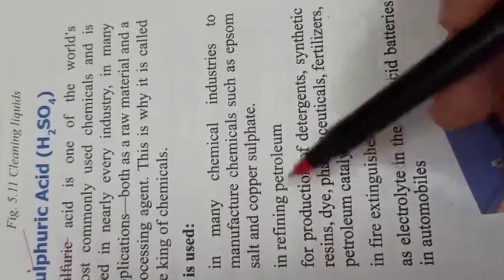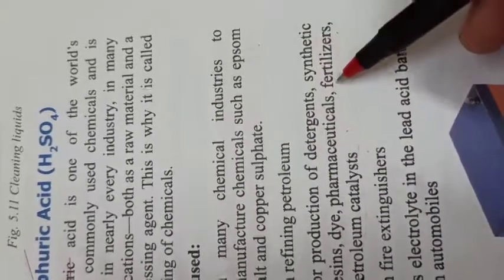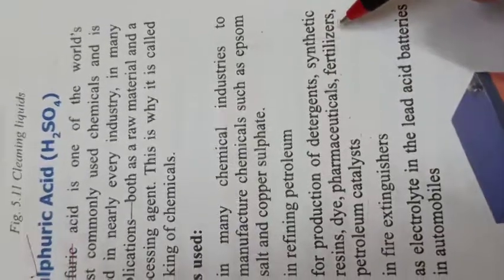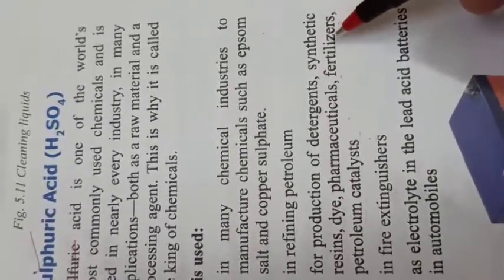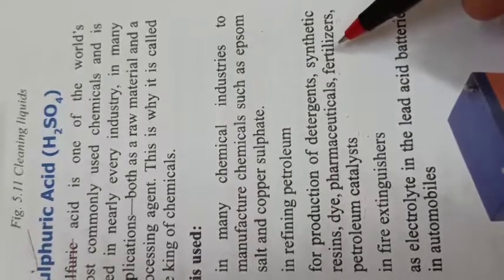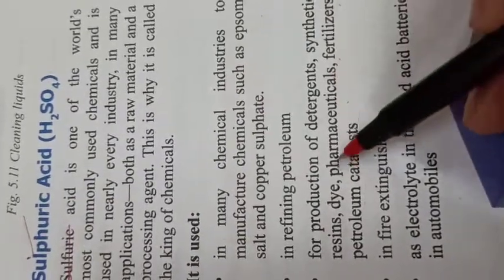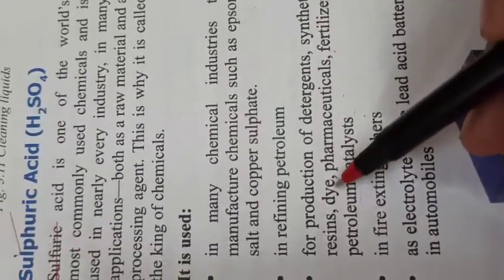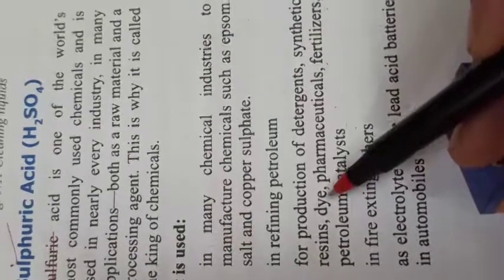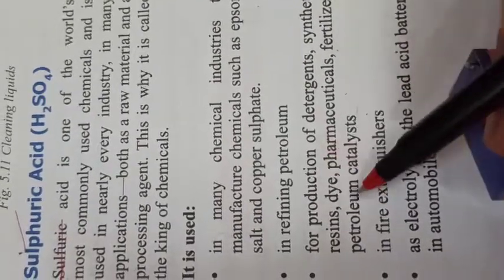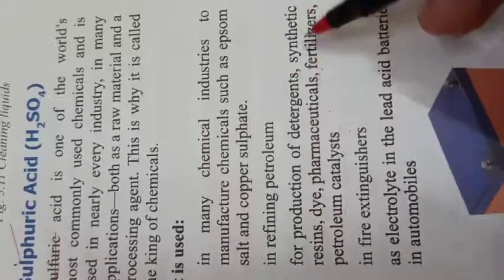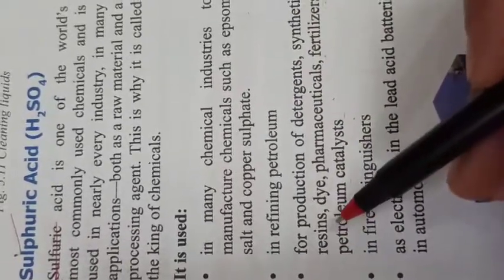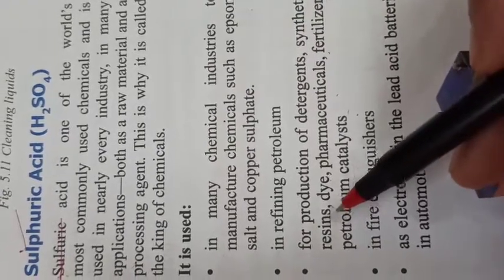Petroleum we have already discussed, but you know that fertilizers are those kinds of chemicals which are used by farmers to increase productivity of their crops. And pharmaceuticals, you know, for the preparation of medicines. And dye, means colors. Many kinds of colors can be prepared by the use of sulfuric acid. And synthetic resins, these kinds of resins are generally used in paints.